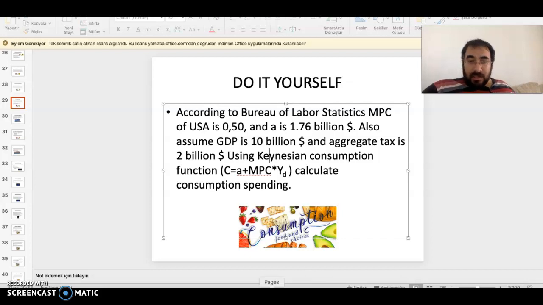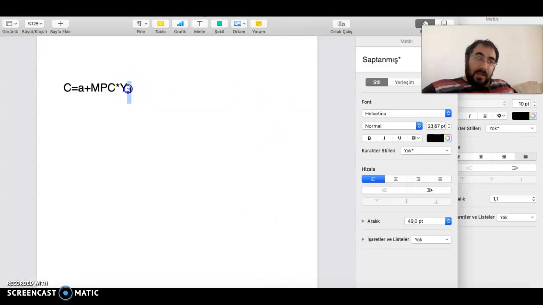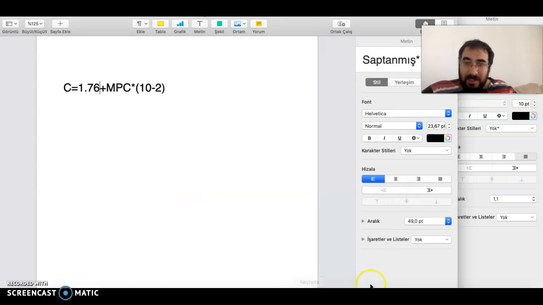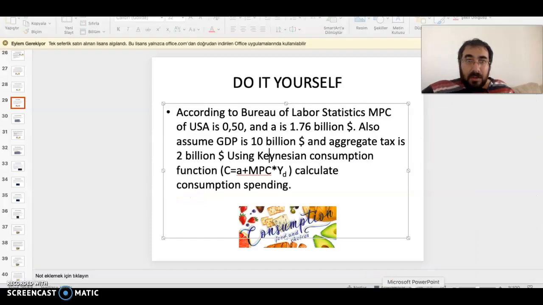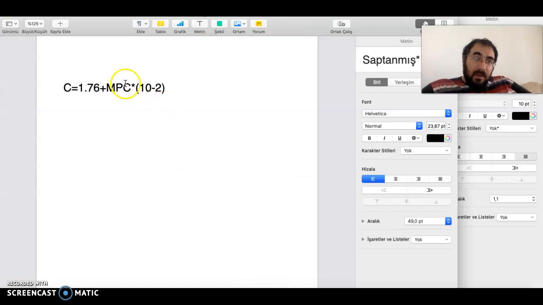So let's start to calculate it. These numbers are in billion. 10 minus 2 is the disposable income. And A is 1.76 if I'm not mistaken. Yes, and MPC is 0.5.